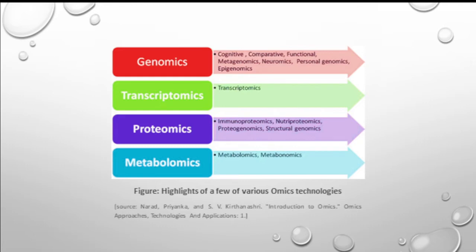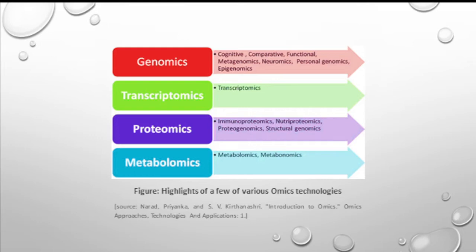Genomics is cognitive, comparative, functional, metagenomic, neuromics, personal genomics, epigenomics. So these are the various branches of genomics that are in existence today. Transcriptomics studies the mRNA that has been formed in the entire cell.